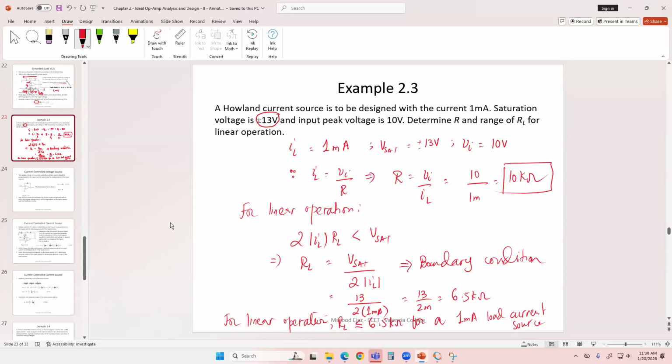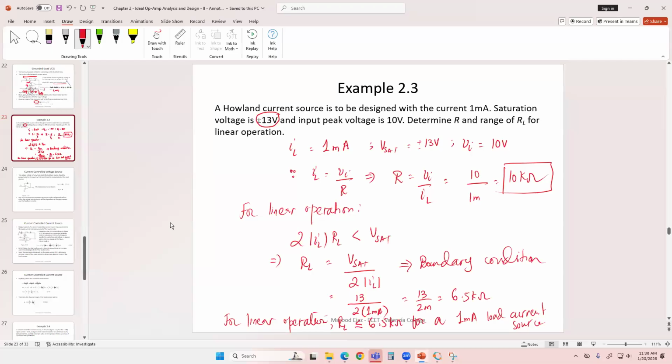As you change the input voltage, the load current changes. But if you change the load resistor, the load current should not change. That's the whole idea of a voltage controlled current source. So at 10 volt, the current that you're designing the source for is 1 milliampere load current, and for that current you are calculating different values of the resistor in the circuit.